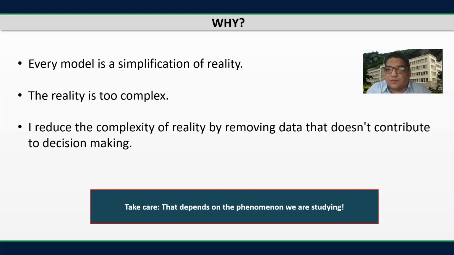In a specific situation, I can have data that isn't important for a specific phenomenon, for example, phenomenon A. And in another specific case, the same data can be extremely important to my decision making.